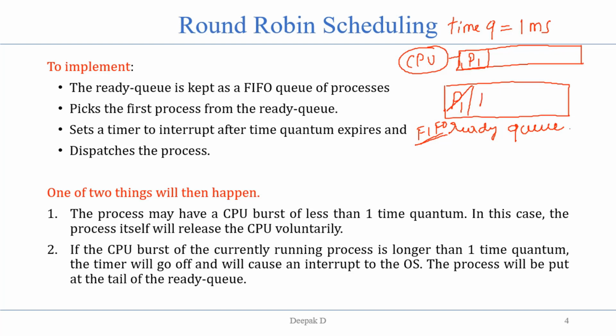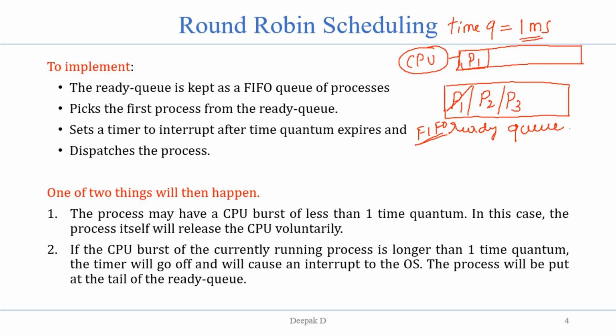Let's consider an example where processes P2 and P3 arrived during the execution of P1. A timer has been set to interrupt after the time quantum expires. So the time quantum is 1 millisecond.